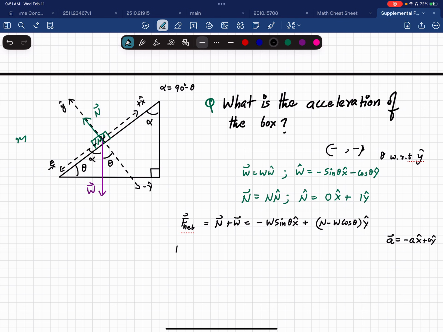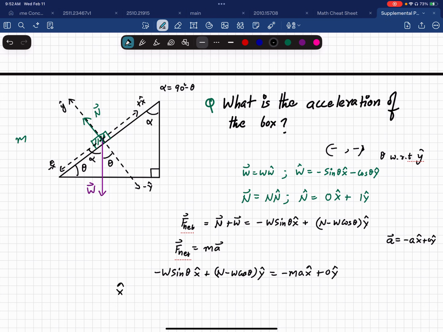Okay, so putting everything together, we get w sine theta, cos theta, a set.